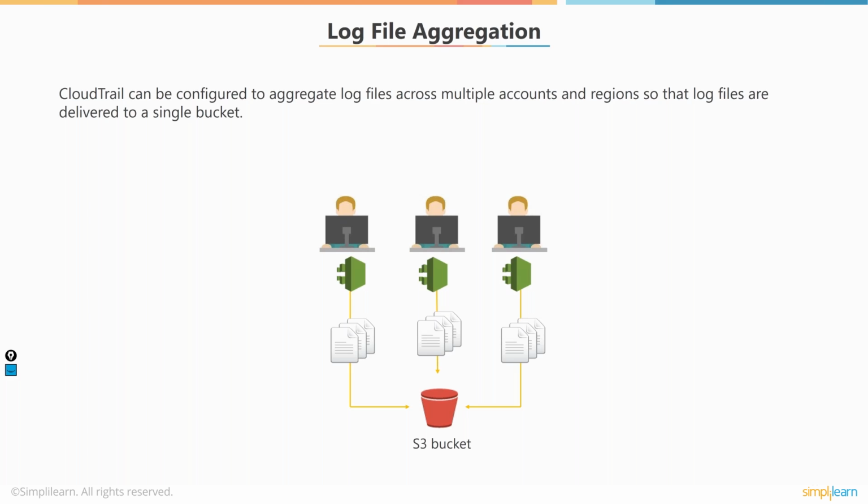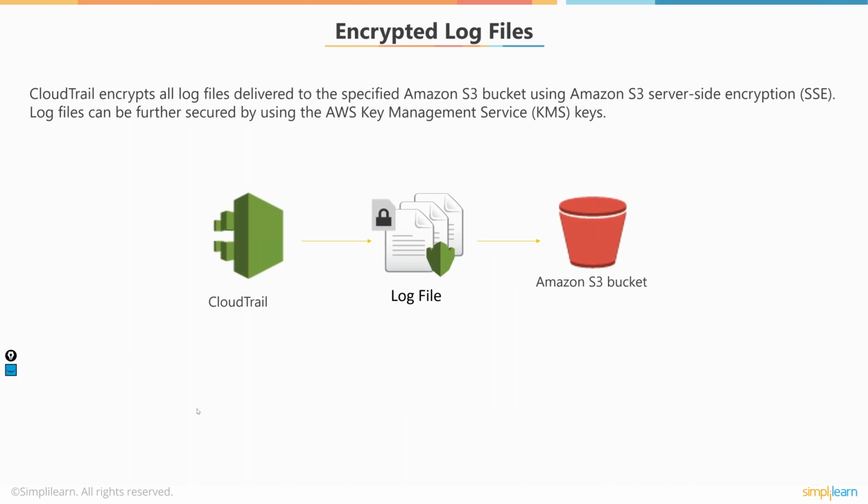Now, instead of having a CloudTrail for each of them logging to its own account bucket, and you having to go between different accounts, in fact 10 different buckets, to find something, you configure CloudTrail to go to a single bucket in a single master account. This makes it much easier for you to access, as well as for other services that we mentioned before to access everything through one bucket rather than 10 different ones, which might be a little more expensive because they might charge you per bucket. That's what log file aggregation is.